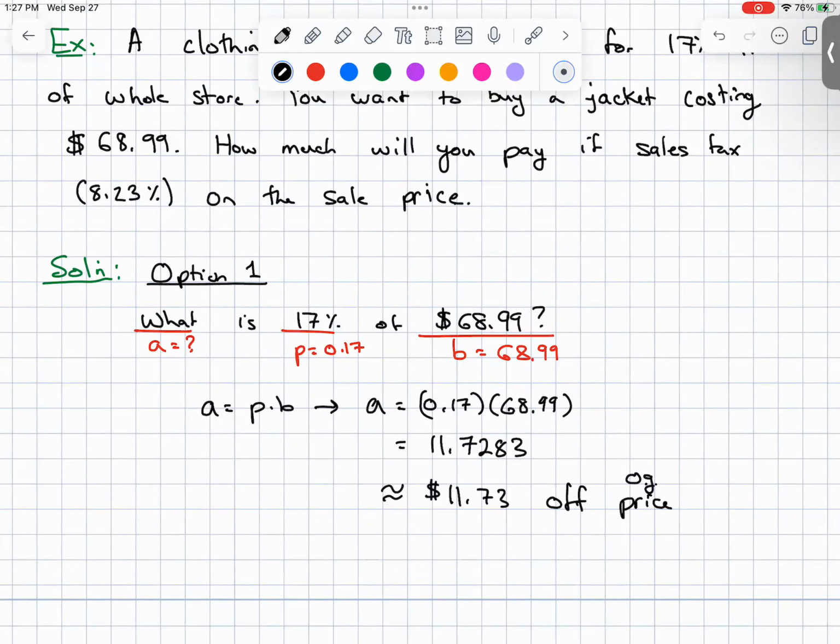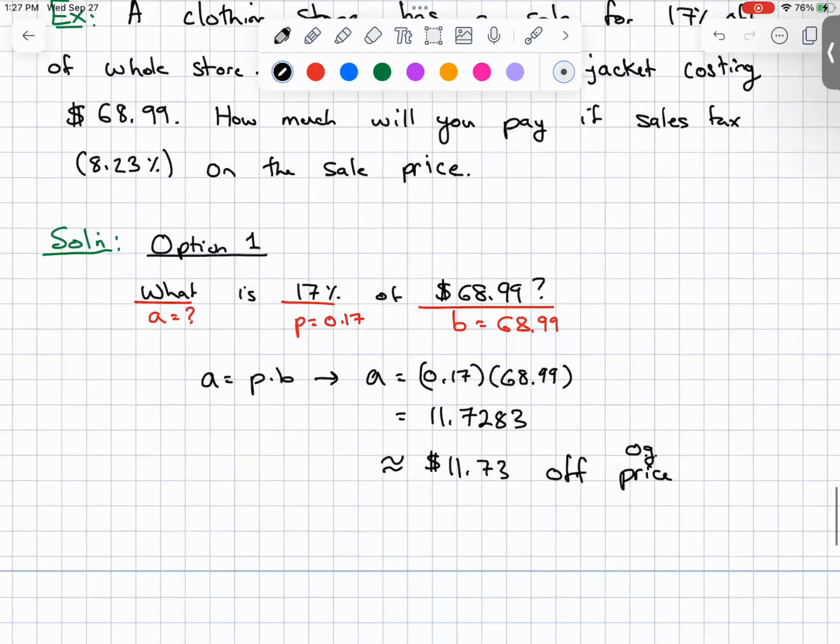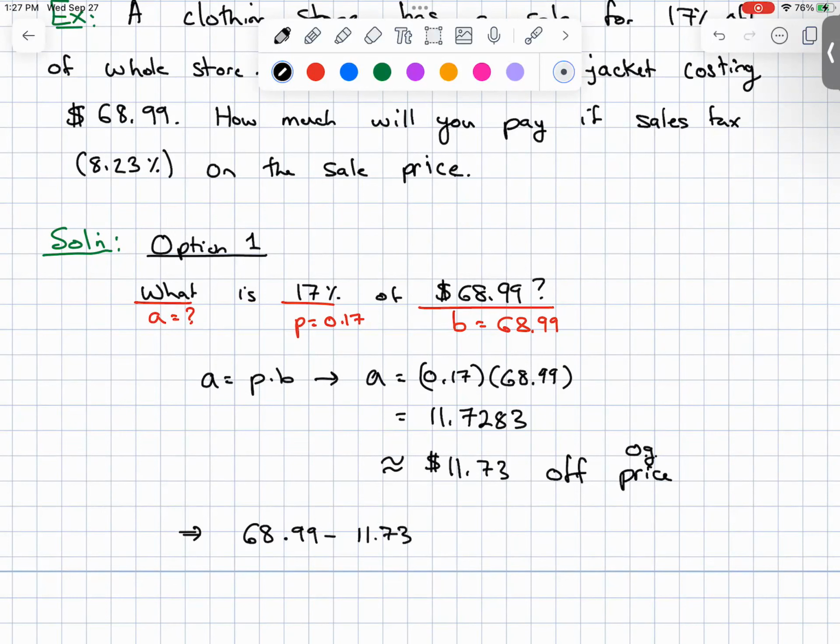So then we'll have to subtract that from the total price. 68.99 minus 11.73 gives me $57.26. This is the sale price, calculated without sales tax.